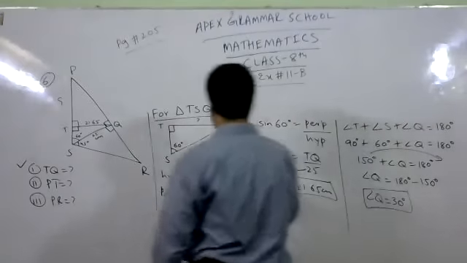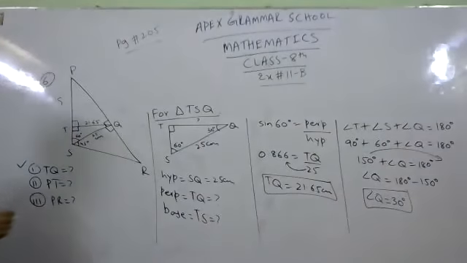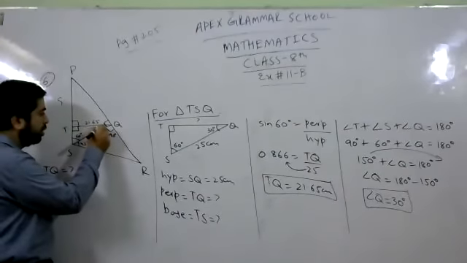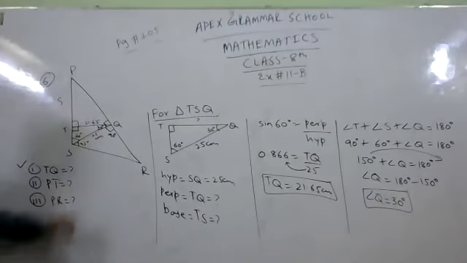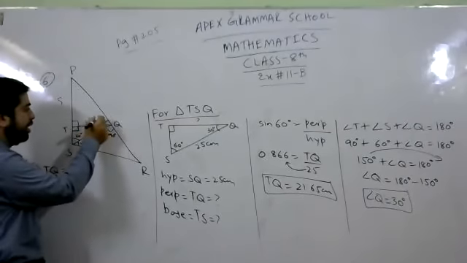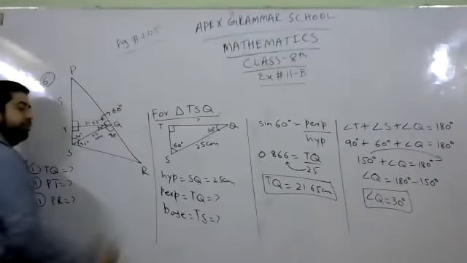The angle Q is 30 degrees. This is 90, this is 30, and the remaining angle is 60 degrees.